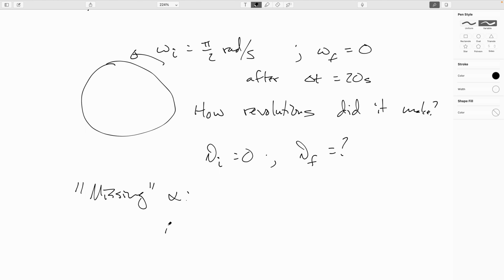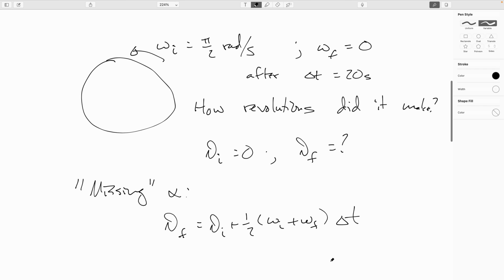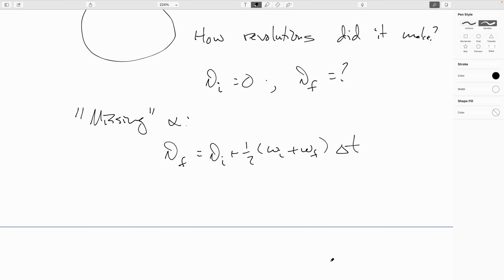So that relation is theta final equals theta initial plus 1/2 omega initial plus omega final times the time. So again, I am always opposed to putting in numbers with the exception of 0. But we have 2 zeros here, so let's put them in.